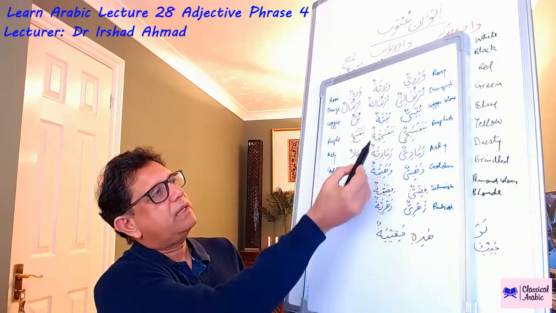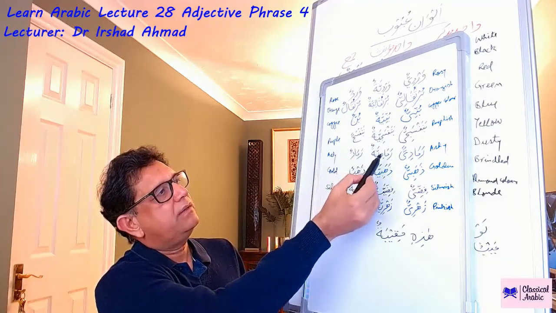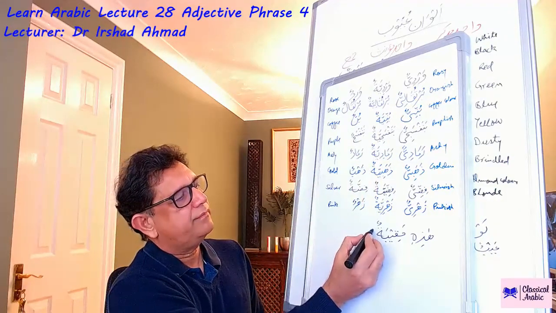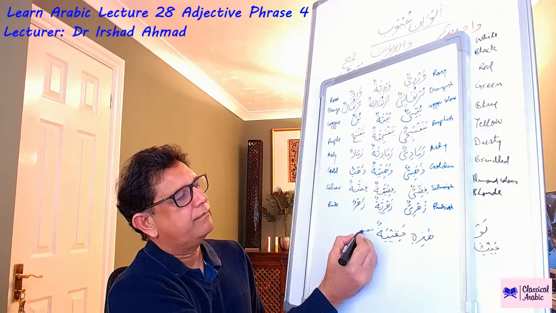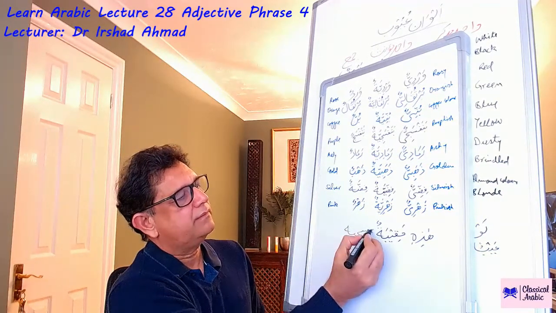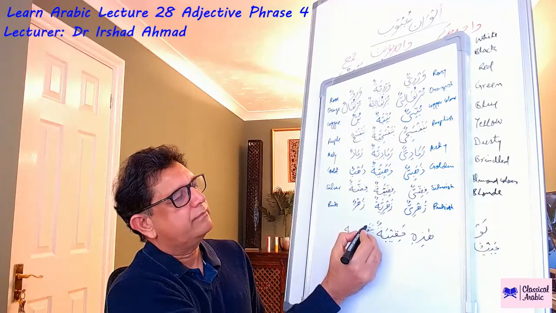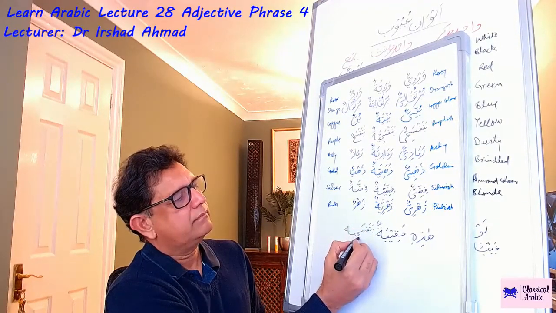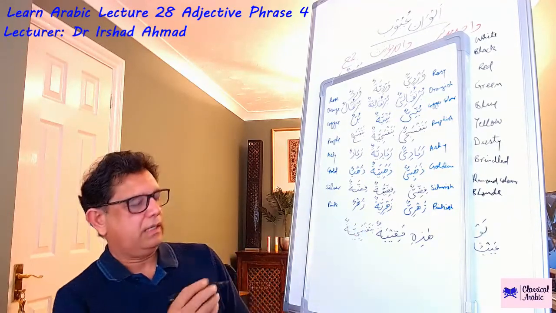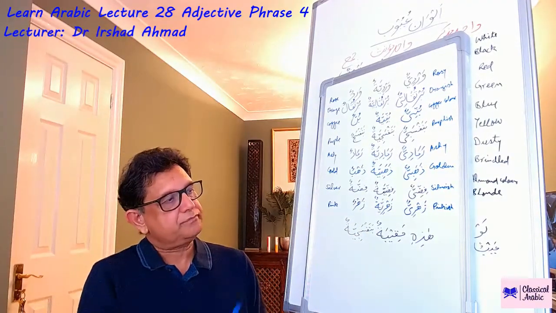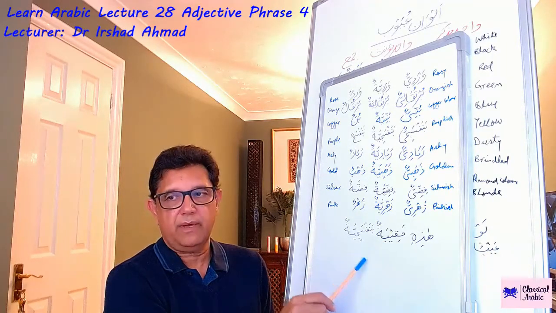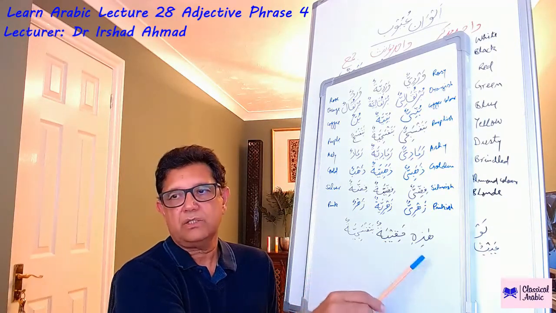So we'll have to pick up a sifa which will be feminine: banafsajiyatun. Because this mawsuf and sifa become our khabar, and our khabar is feminine, mubtada has to be feminine as well.